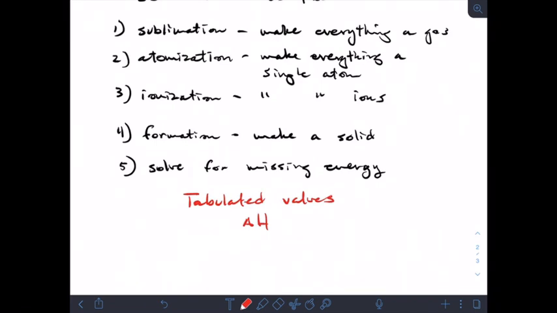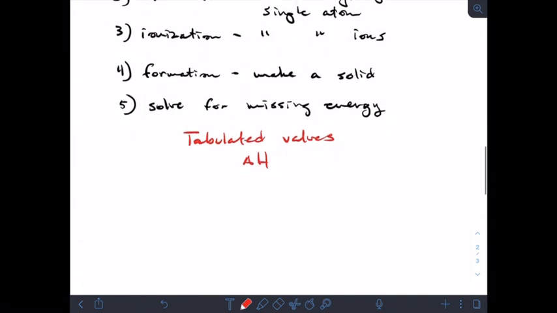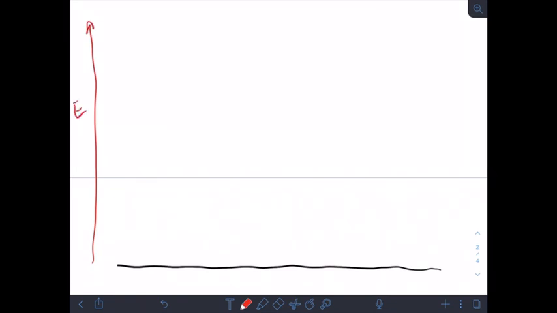So let's look at the formation. Let's see if we can figure out what the lattice energy is for sodium chloride, because that's a very common one for us to use. I'm going to start here, way down here, and this is all based on energy going this way, so energy increasing going up the thing that I'm about to draw.